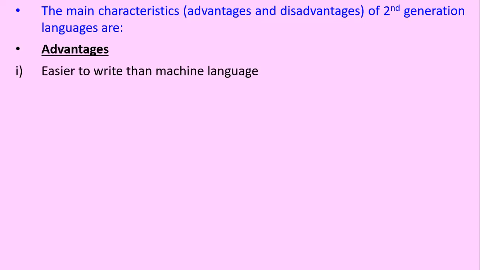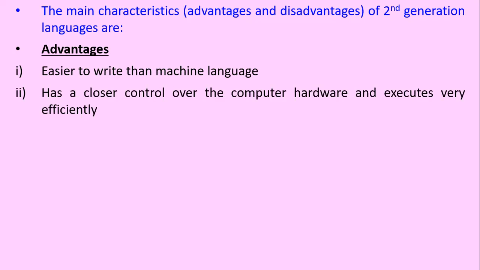Number one, assembly language is easier to write than the machine language. Secondly, second generation languages have closer control over the computer hardware and execute very efficiently. Number three, they make fast and efficient use of the central processing unit.